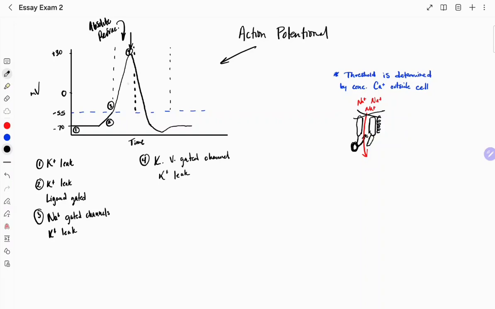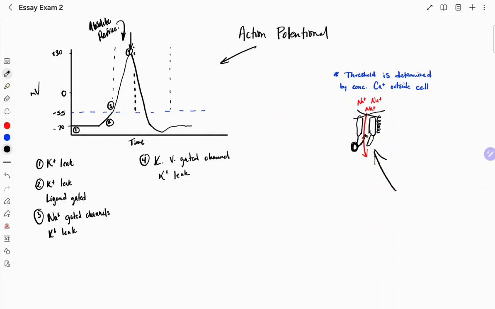And the reason it can't experience another action potential is because during this time, I guess this is a better way to explain it. This opening and closing of this gate here in the sodium voltage gated channel is happening extremely fast.